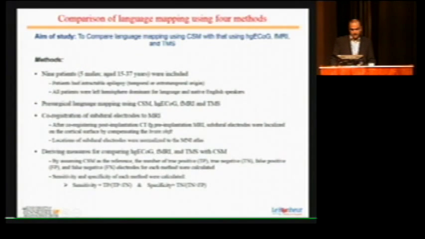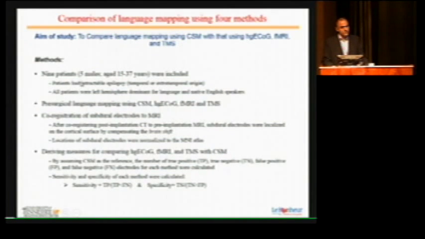Okay, so let's go to our study, which aims to compare language mapping using cortical stimulation mapping, which, as I said, is the gold standard for language mapping, with another three methods: high-gamma ECoG, fMRI, and TMS.